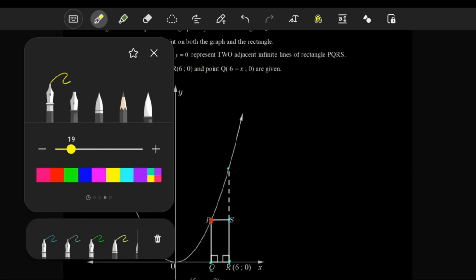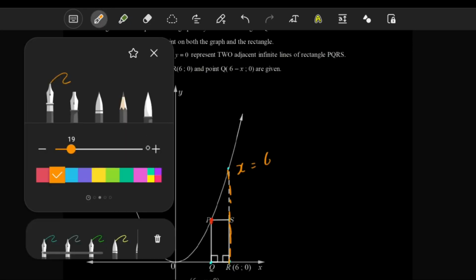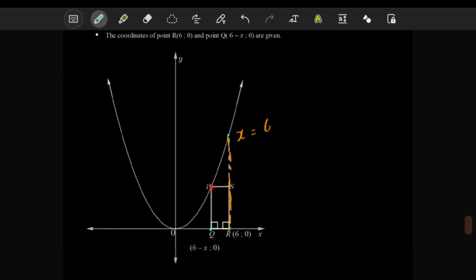But anyways, let's see here. The line x equals 6 is this one, and the line y equals 0 is this one.